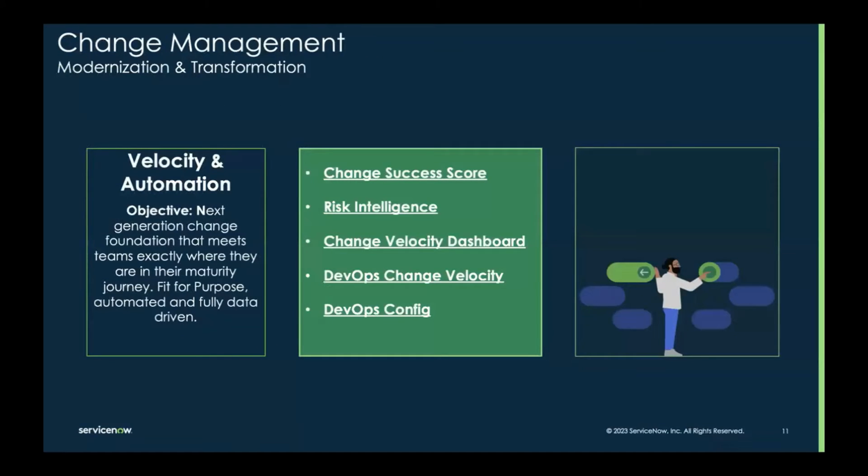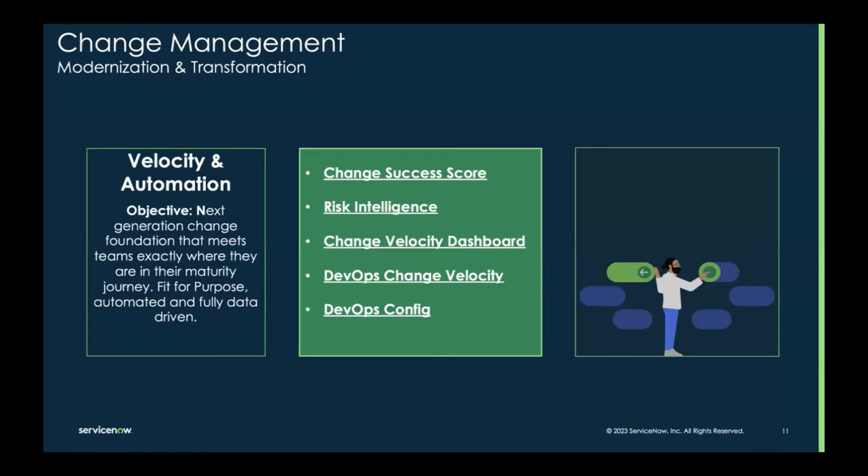Now, the next set of features here that I want to talk about are the more advanced features. So for customers who have ITSM Pro, ITSM Professional, or Enterprise licensing, these features are available to those customers. And we'll go into a little bit of detail about these as we go through.